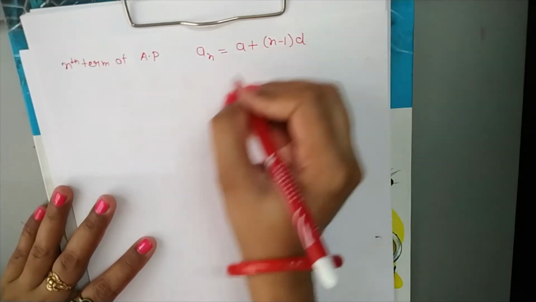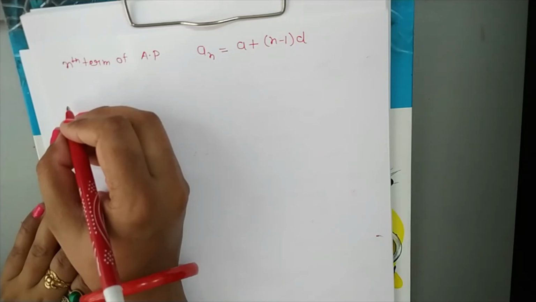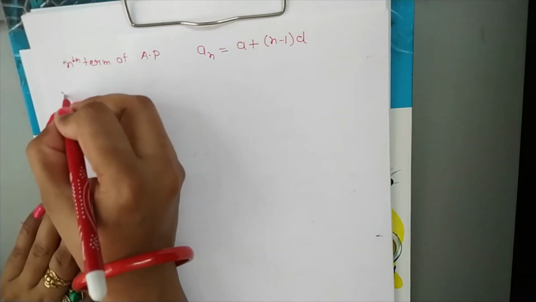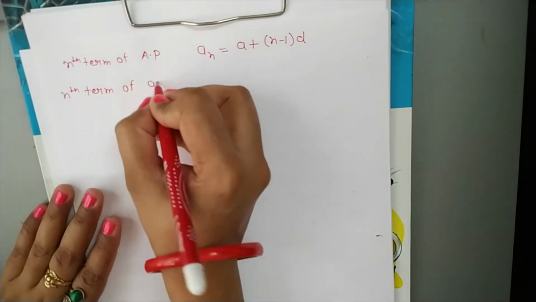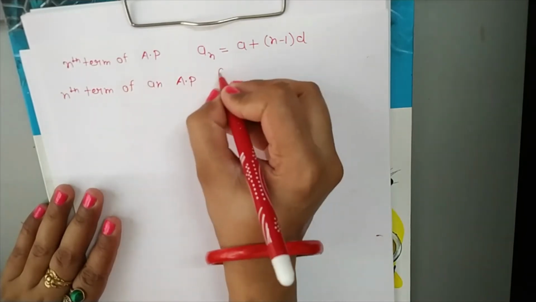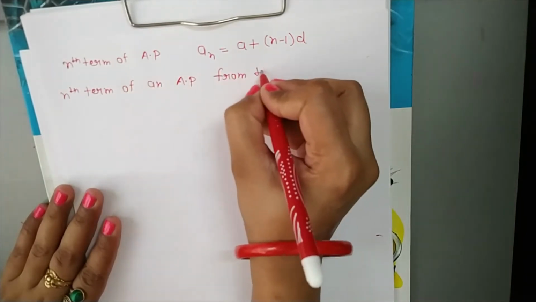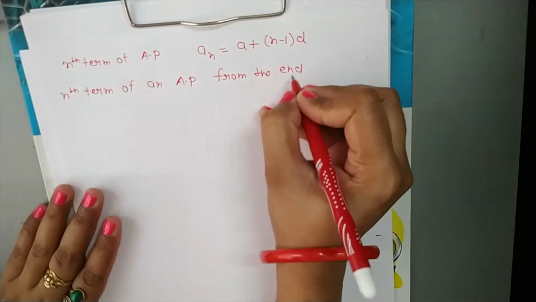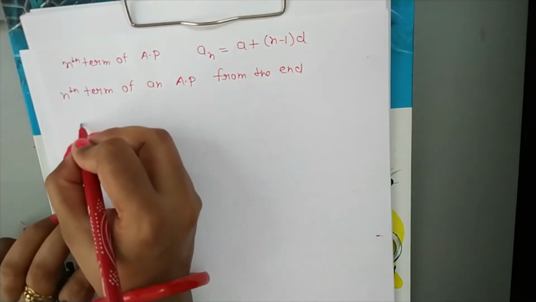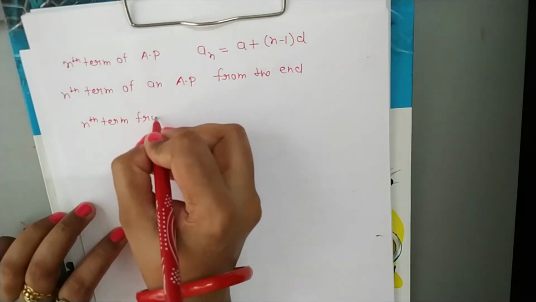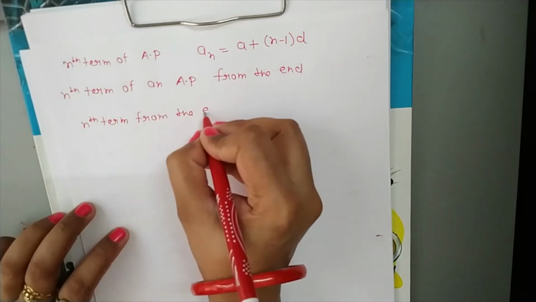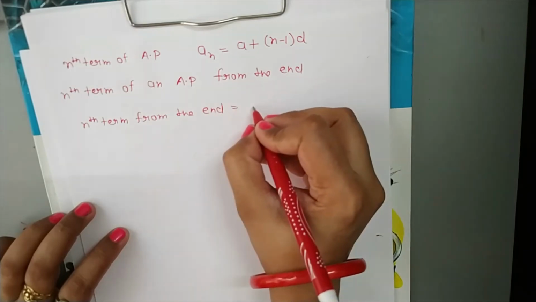Now we will discuss the nth term of an AP from the end. The nth term from the end will be L minus (n - 1)d, where L denotes the last term.